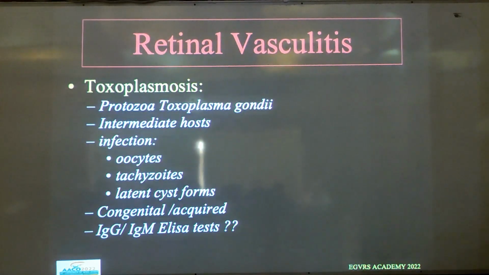توكسوبلازموزس، انتوا عارفين توكسوبلازموزس واكيد كلكم شفتوه. So it is a protozoa and our eye is we are the intermediate host. The infection comes from either ingesting oocytes or tachyzoids or latent cyst forms. You can have congenital or acquired. الحقيقة you do not rely on the tests.